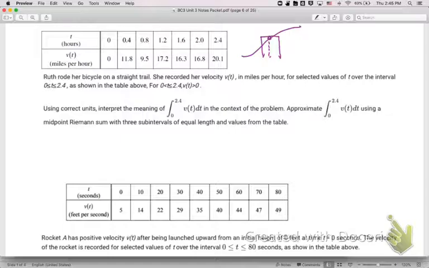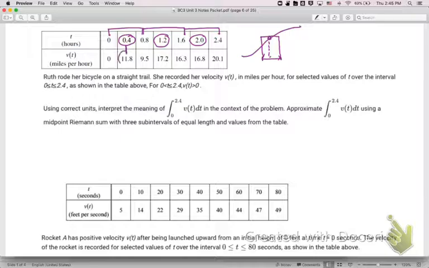I want 3 subintervals. So this is going to be my first region, and this is my midpoint. And we should double check. Is 0.4 halfway between 0 and 0.8? Yes. My next interval is going to be 0.8 to 1.6. Halfway between there is 1.2. And then similarly, it works out for our last interval. So the midpoint is going to be the width of your rectangle. I take that back.